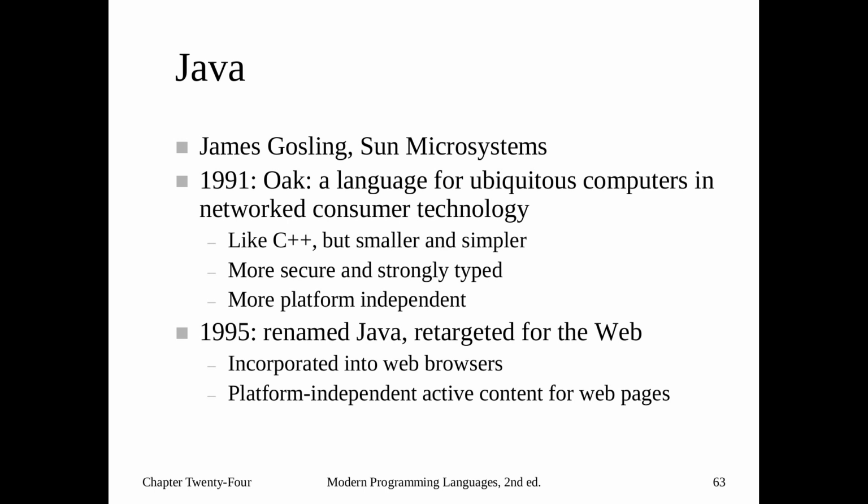Well, that was great, except the write once, compile anywhere approach was not good enough for Java and for James Gosling. He wanted it to be write once, compile once, run everywhere. That's where this more platform independent concept came from. Then, in 1995, they renamed Oak to Java, and they retargeted it for the web.